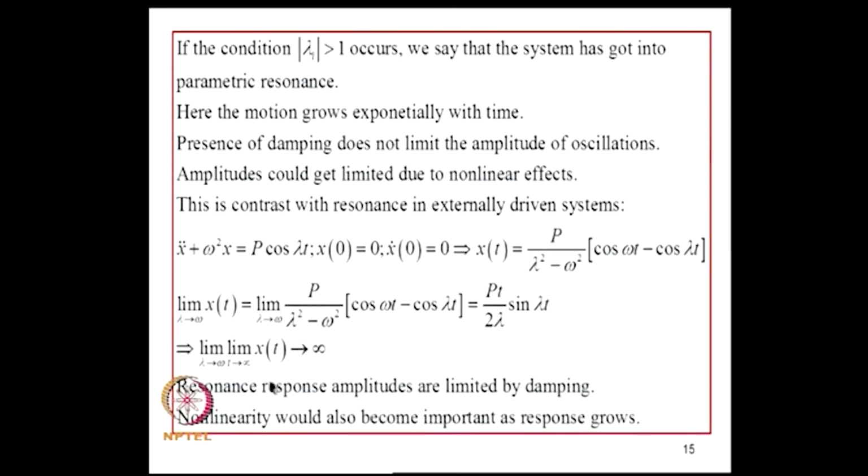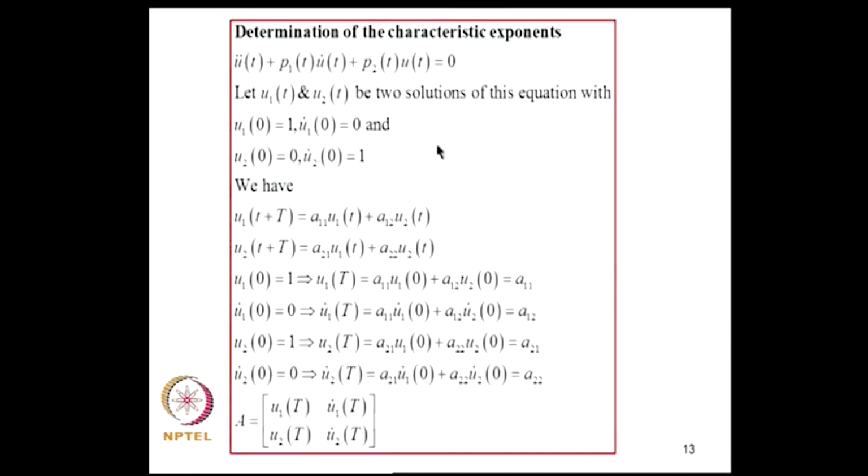Now, in resonance under external excitation, the response amplitudes are limited by damping, and nonlinearity would of course also be important as the response grows. But in parametrically excited systems, damping has no role. If a system gets into parametric resonance, the presence of damping does not limit the amplitude of the response. You can see here I already have a u dot term, and the presence of the u dot term is not changing the nature of the solution.